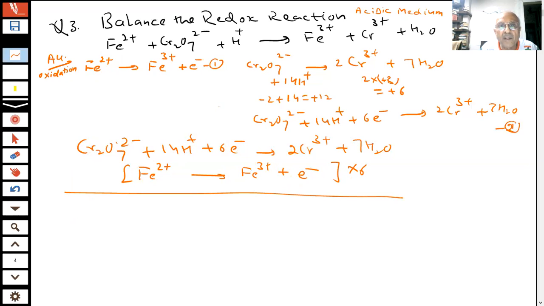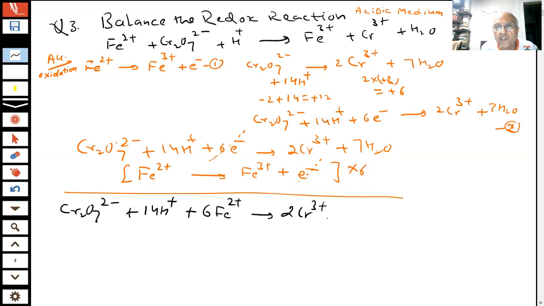What is the final answer then? These electrons will get cancelled, 6 and 6. You have Cr2O7 2-, plus 14H+, plus 6 Fe2+, giving 2 Cr3+, 7H2O plus 6 Fe3+. Now you check the answer.